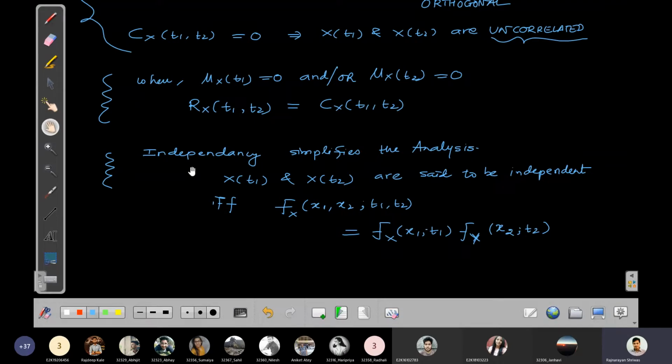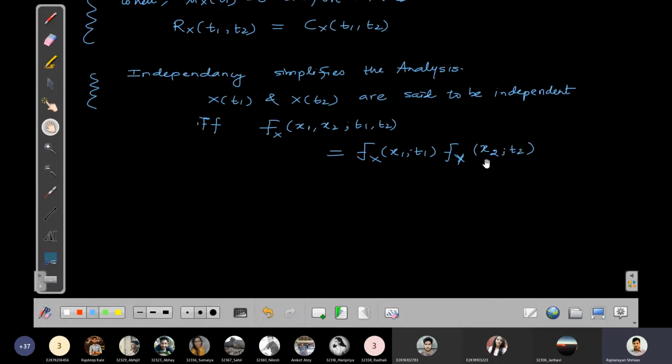So if the joint PDF is the multiplication of individual PDFs, then we can say these two random variables are independent. It's a more strict condition than uncorrelatedness.